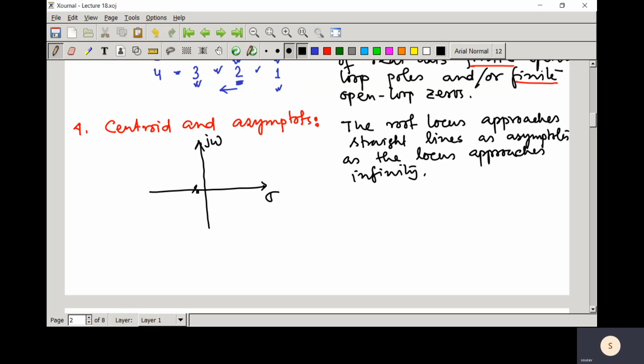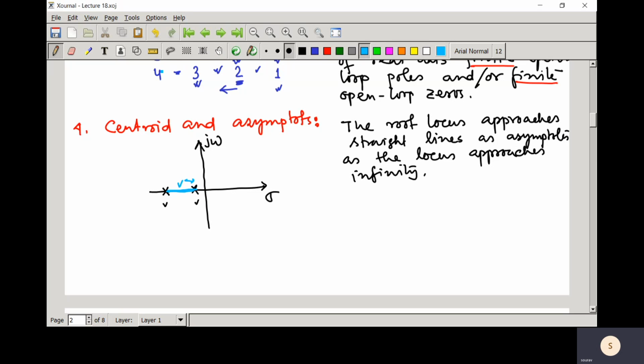say suppose you have one pole here, another pole here. Just now what we have discussed, that this particular segment would be part of the root locus. The reason is, if you are here, you can see that on the right you have only one pole, that means odd number.